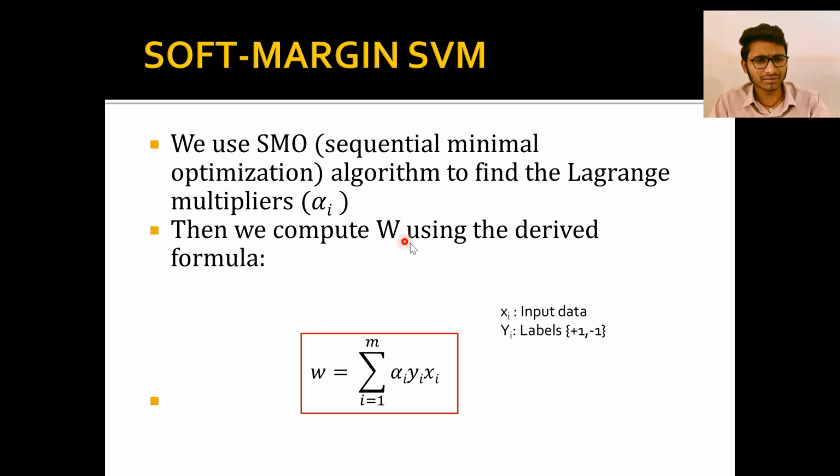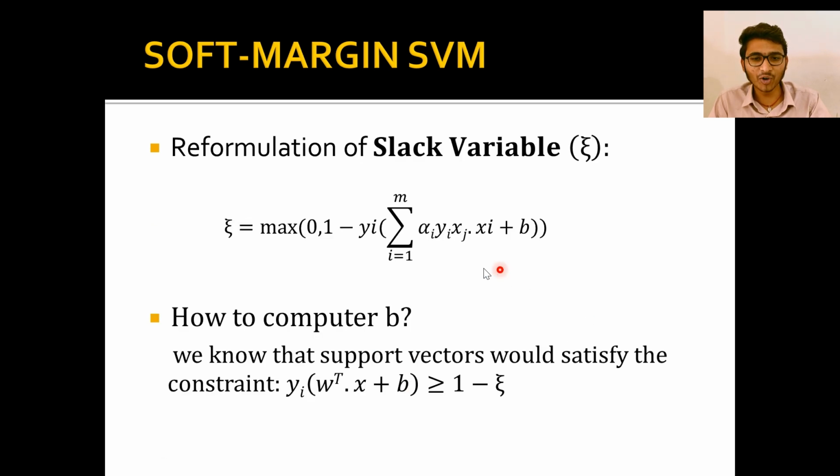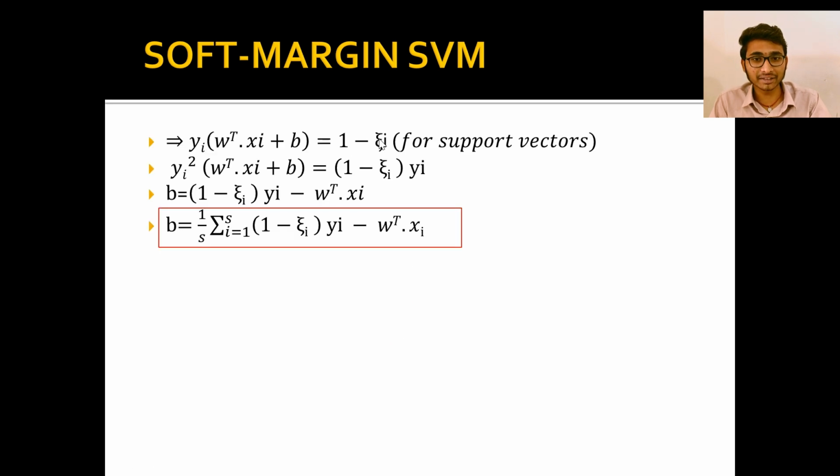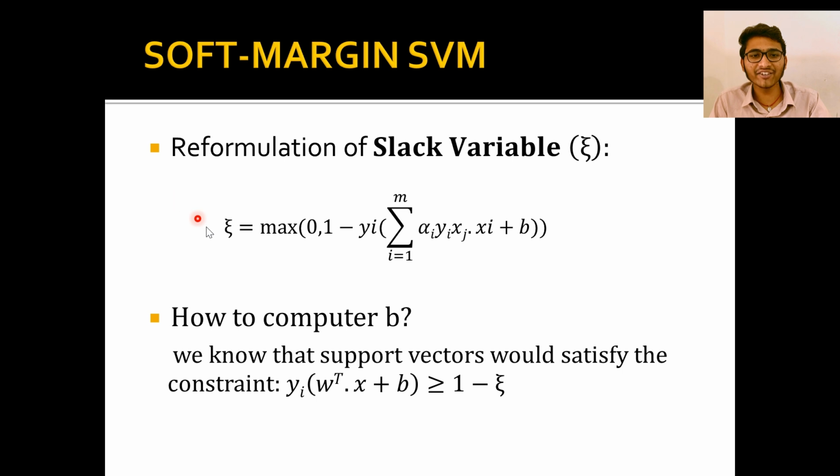Then we compute W, right? This is W, the sum of alpha i, y i, x i. Then what else do we need, guys? We need only B. But to know B, let's understand. Before, we understood what the slack variable did: it made our constraint soften for every problem, right?